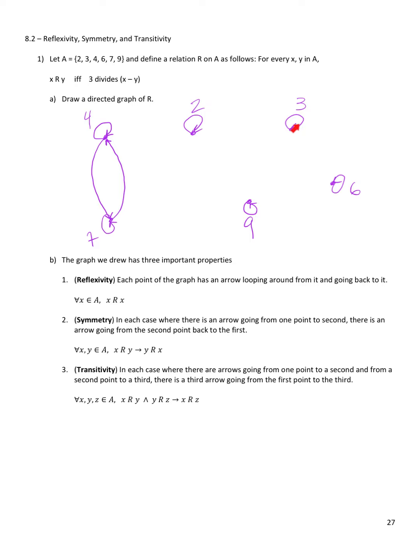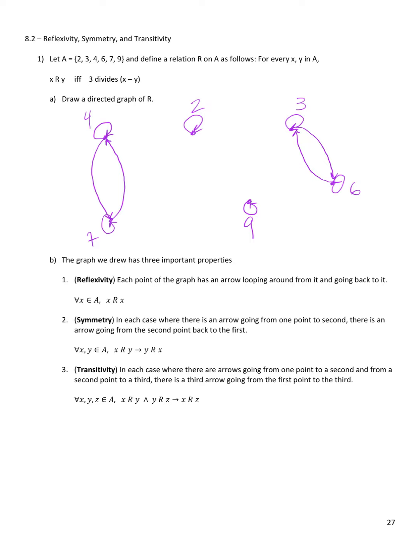Now I'll do 3. I already checked 3 with 2, 4, and 7, so I just need to do these 2. Okay, so 3 minus 6 is -3. 6 minus 3 is 3. Both of those are divisible by 3, so I have arrows here like that. And then 3 and 9, the difference between 3 and 9 is -6 or 6, depending on the order.